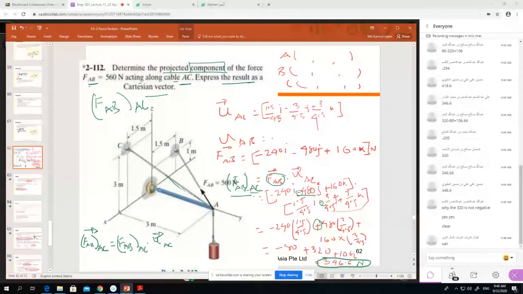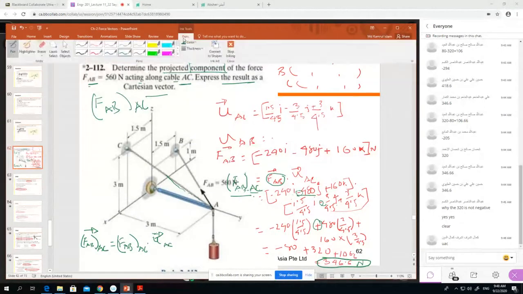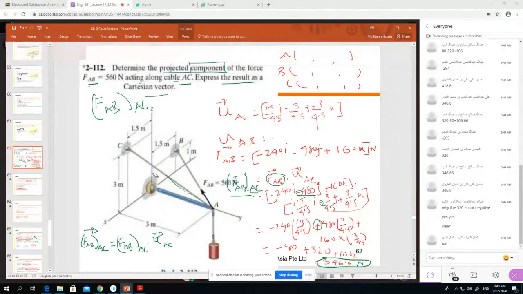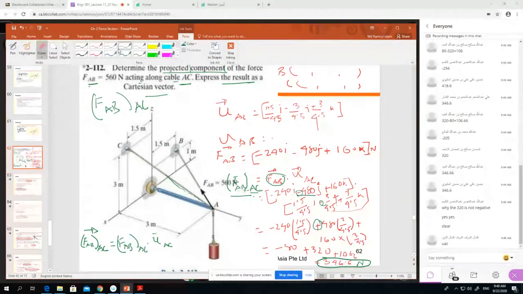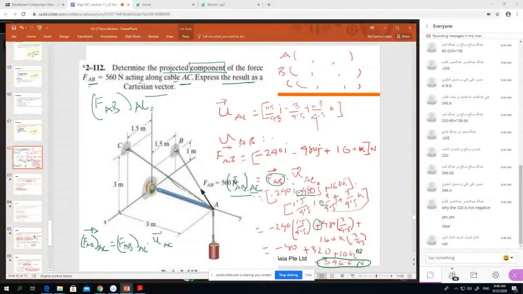Okay, so if we multiply, then we'll get a vector. Yesterday I wrote the same equation. Now what you have to do? Very simple. The magnitude is a scalar, 346.6, multiplying UAC.